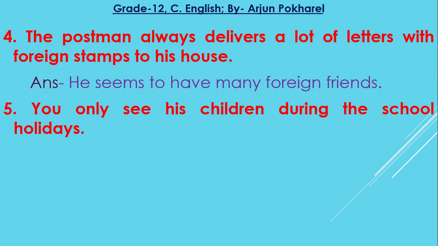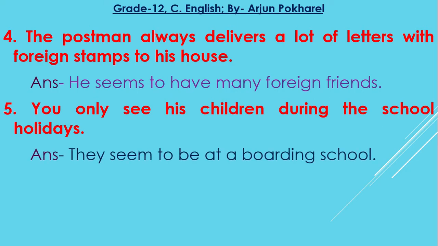Next one is you only see his children during the school holidays. If there is school, you cannot see his children at home. But if the school is off at that time, you can see the children around or in the house.